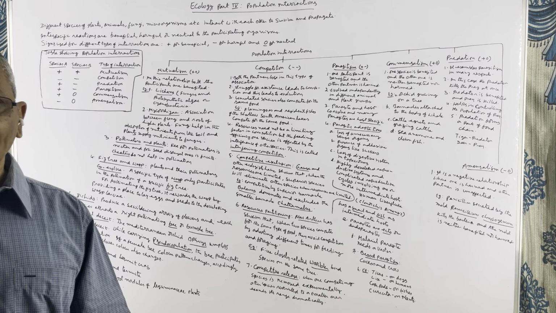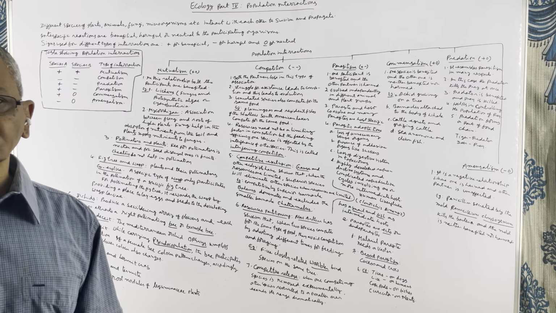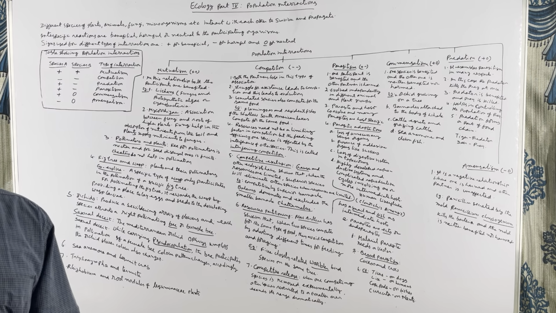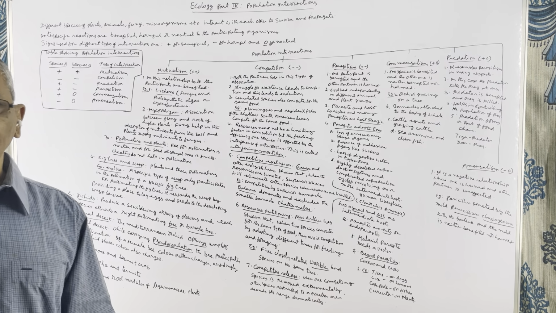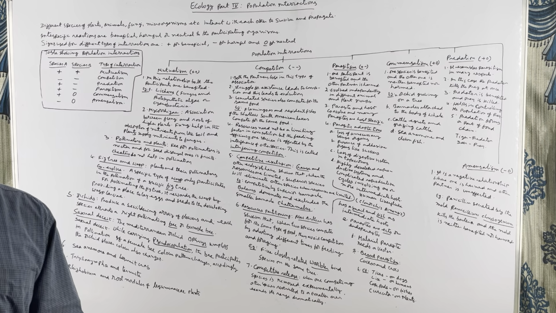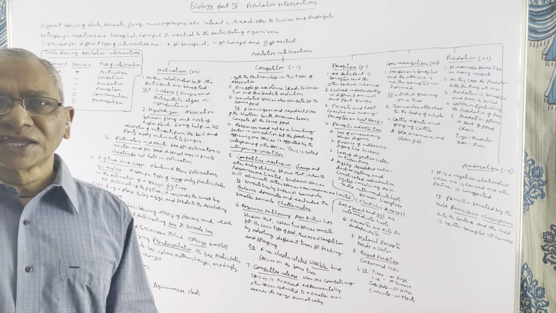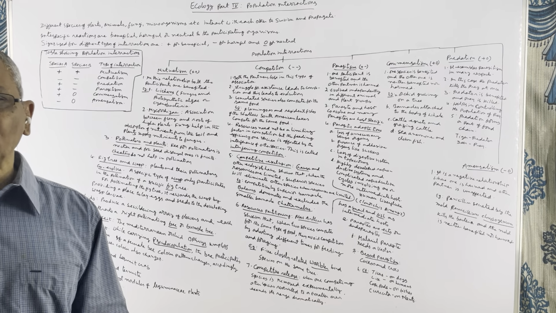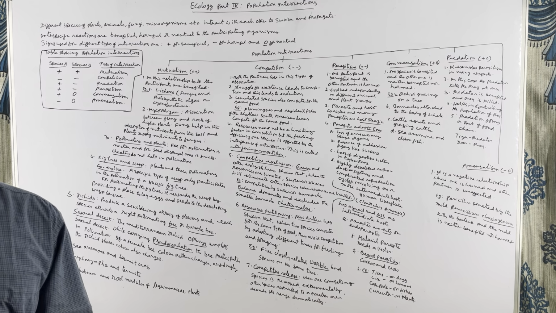Then, there is one very interesting parasitism known as brood parasitism. Birds usually lay eggs and incubate them. But there are some birds which have lost the capacity to incubate their eggs. There is a bird known as the cuckoo. The cuckoo lays its eggs exactly when the female crow lays its eggs. It usually happens in spring and summer.